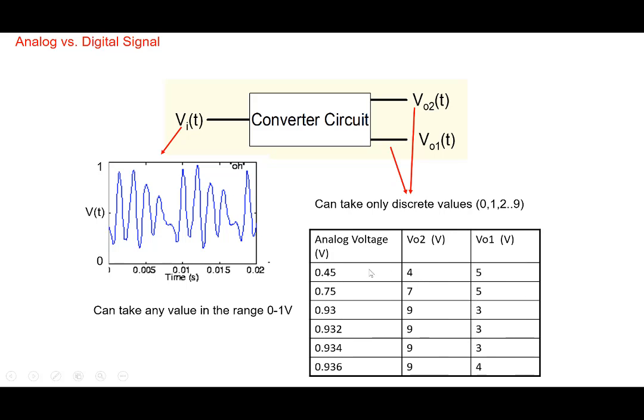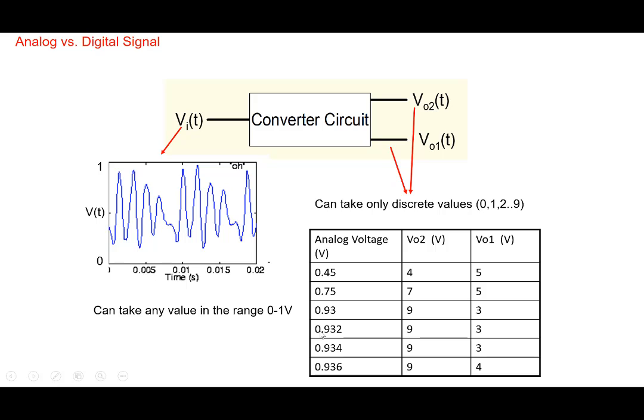So for example, let's say if there is a voltage 0.45, then the first decimal place is 4, the second decimal place is 5, so we will get 4 here and we will get 5 here. So we'll get two numbers, 4 here and 5 here, maybe 45 here. Similarly, 0.75 here, so 7 is the first digit here, 5 is the second digit here. Note that we are converting it into a two-digit number only.